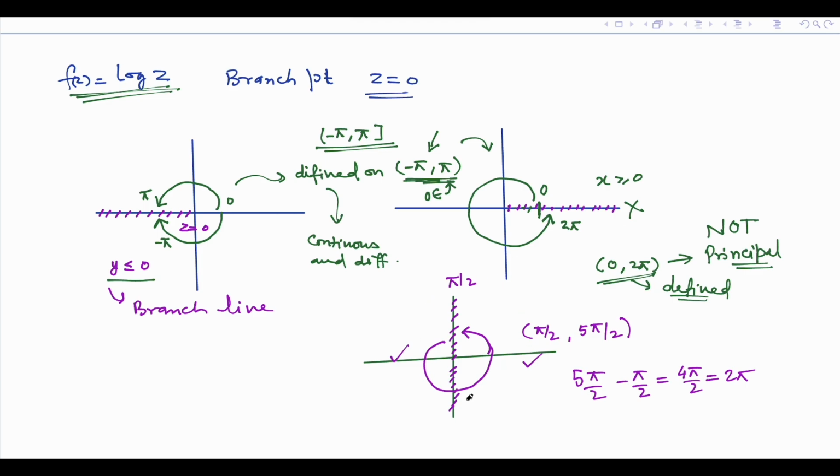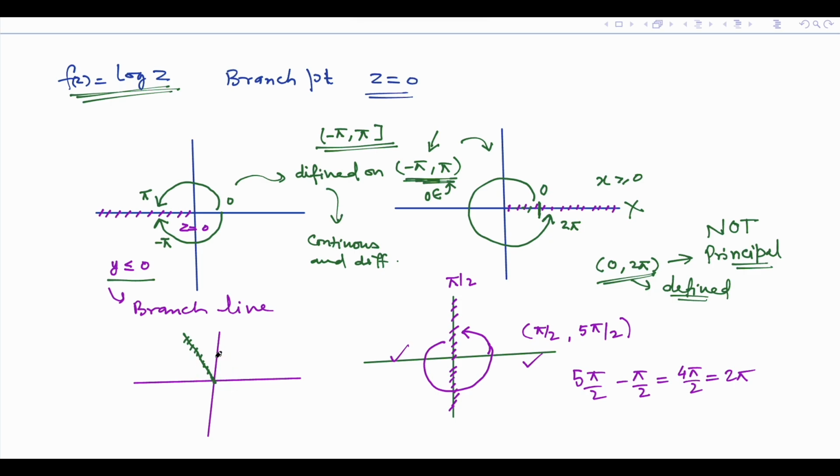So I hope you have understood. Not only this, you can also define the branch along any axis. Let's say I want to define this as a branch line, and the branch point is z equal to 0.